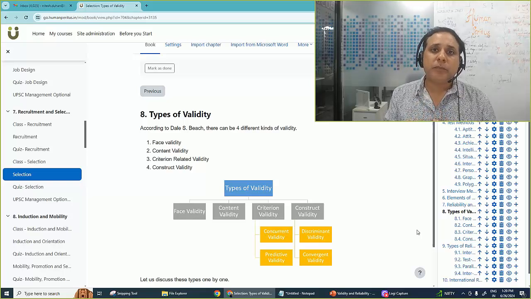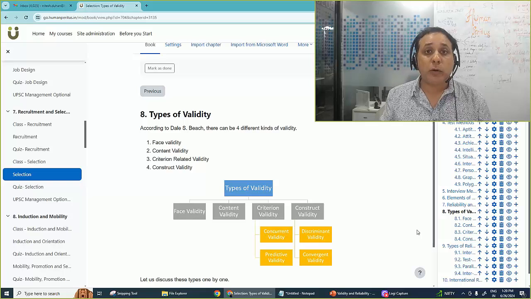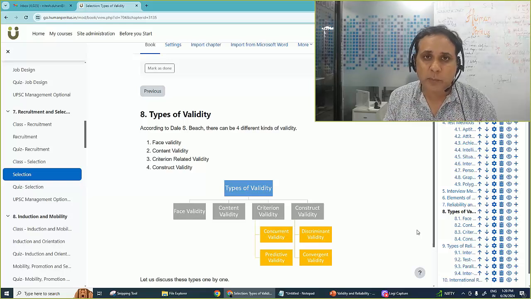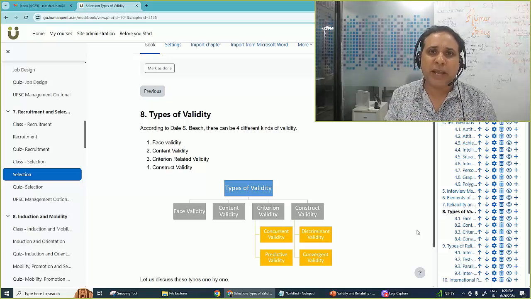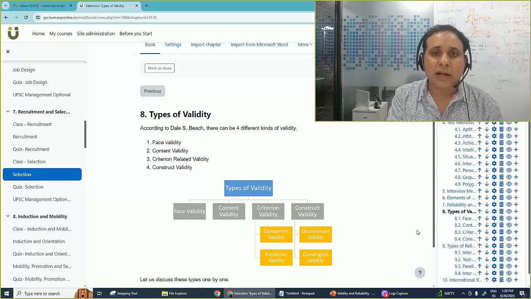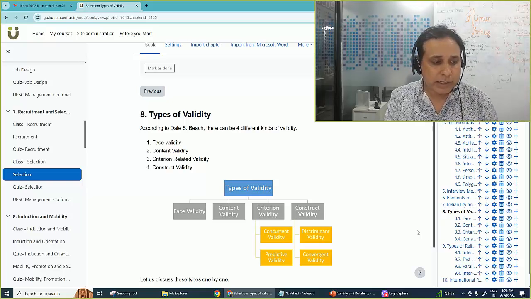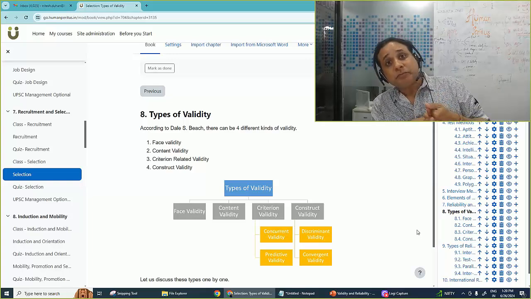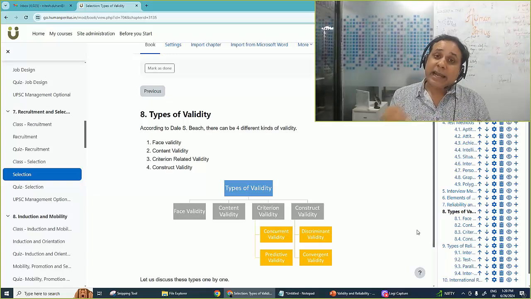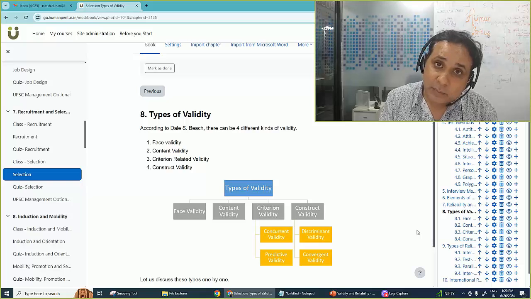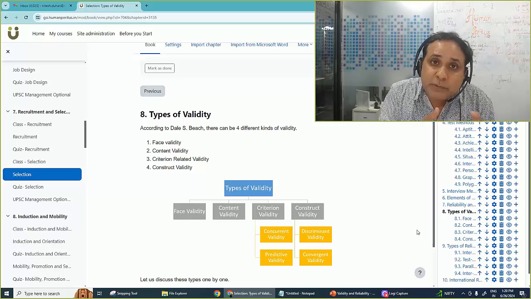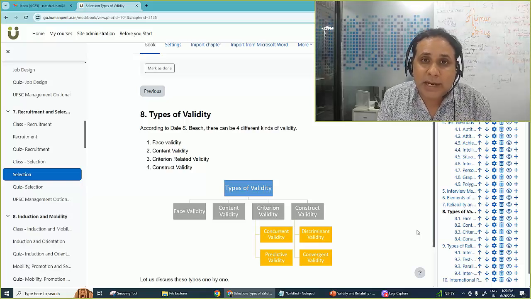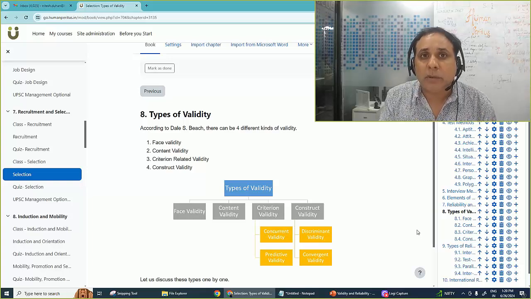Another example, for example, you want to select people for an MBA course. Probably you will make them go through some entrance test, like your CAT or some other entrance exam. So how good is that CAT exam or entrance exam at capturing what? What is my intention? My intention is not to conduct the exam.